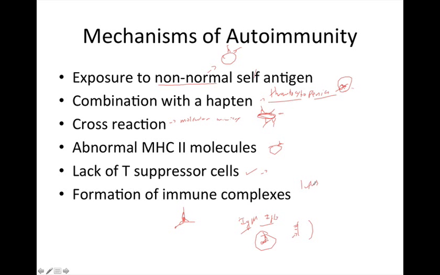But lupus is a pain to deal with because essentially we react to the nucleus. This is essentially when we react to chromatin in the nucleus of cells, and then we form these complexes in tissues, and then we start activating complement and inflammation, seeing a pattern here.